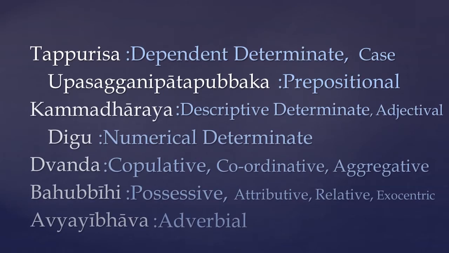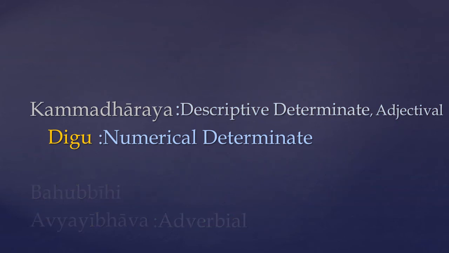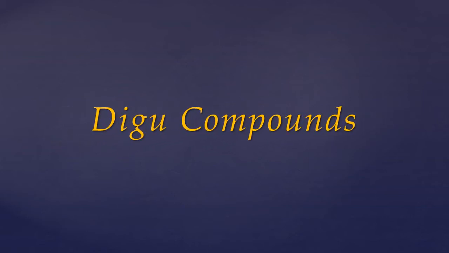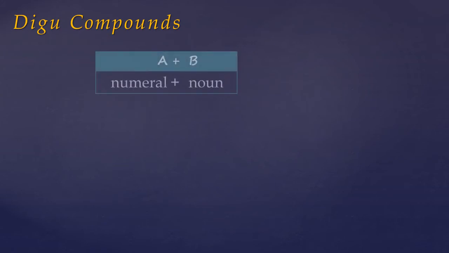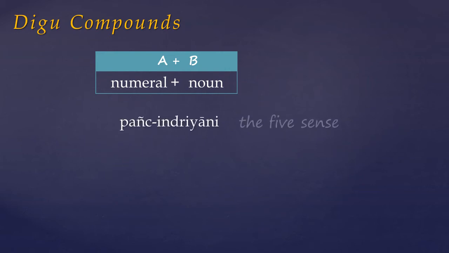Next, Warder presents the final class of compounds, that is, digu or numerical compounds, which are a subset of the kammadhāraya. With these compounds, the first member is a number, and the second member is a noun.